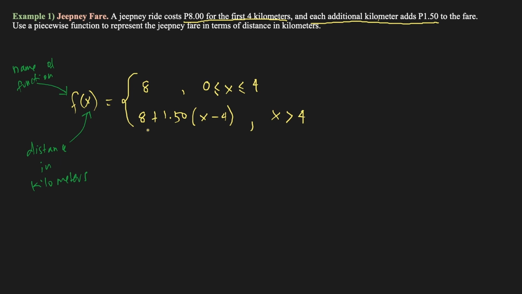So now our second line looks complex, so let's simplify this line. So here we have 8 plus 1 peso and 50 cents for every excess of 4 kilometers.